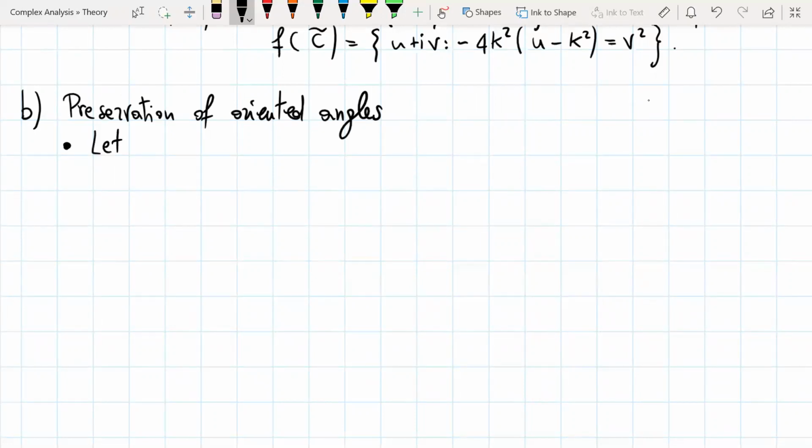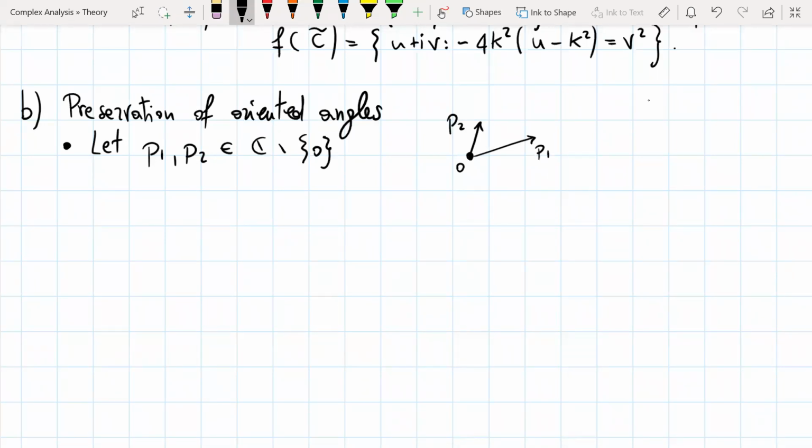So let me take P1 and P2. These are points in the complex plane without zero. And we can think of this as two vectors in the plane. So we have here 0, and then the first vector P1 maybe something like this. And the second vector P2 maybe something like this.